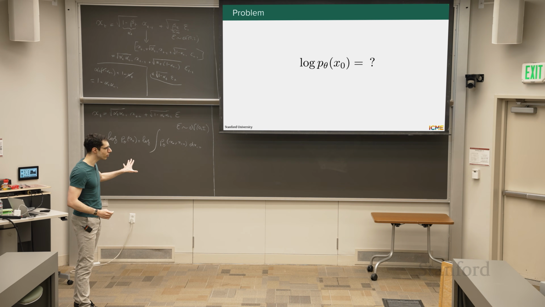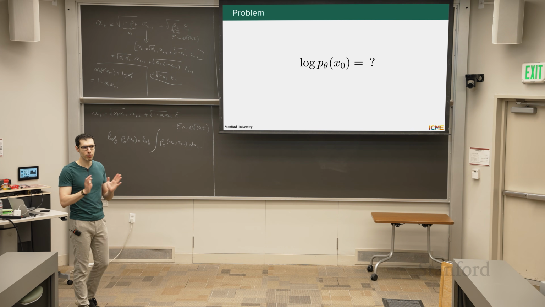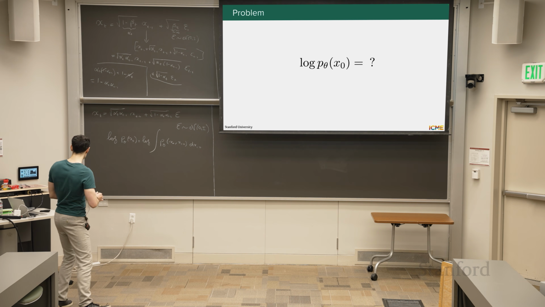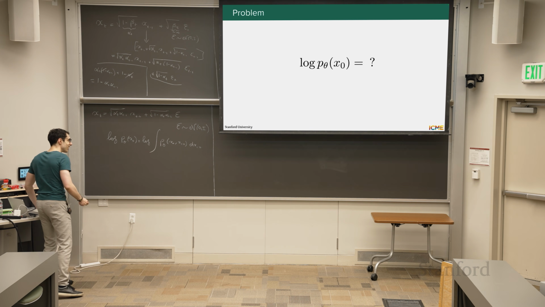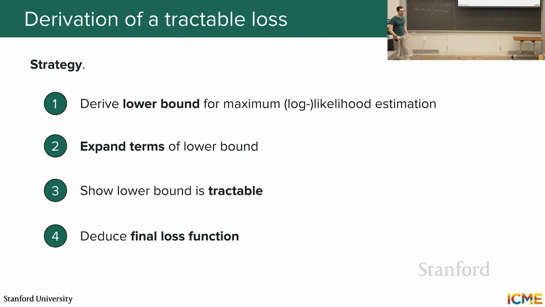So long story short, this is in practice something that we cannot compute, which is the reason why we have a recipe that we will go through in the next 33 minutes as to how we can compute that using the forward process that we have defined.